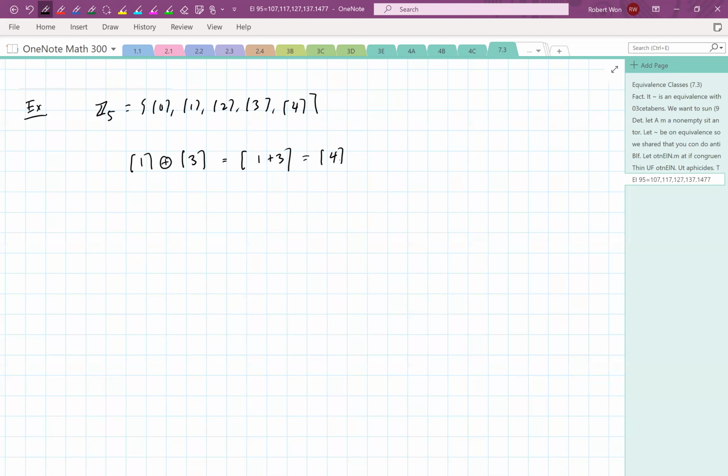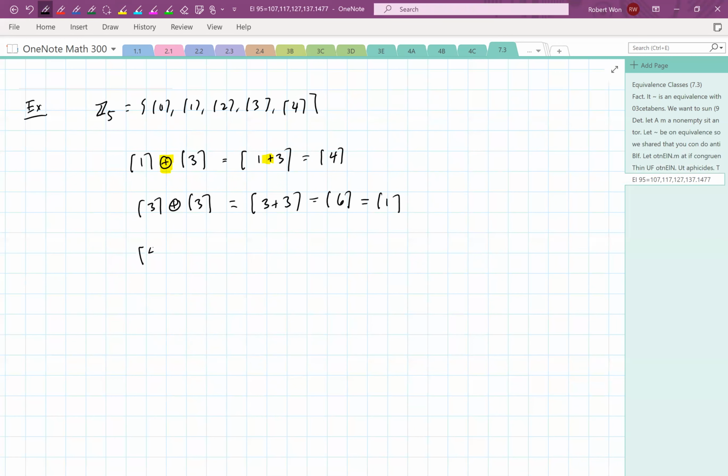That's the equivalence class of 4. I've defined the equivalence class of 3 plus the equivalence class of 3 to be the equivalence class of 3 plus 3, which is the equivalence class of 6. But we know that that's the same thing as the equivalence class of 1. Okay, so the point I'm trying to make here is the difference between this newly defined operation and this old operation.